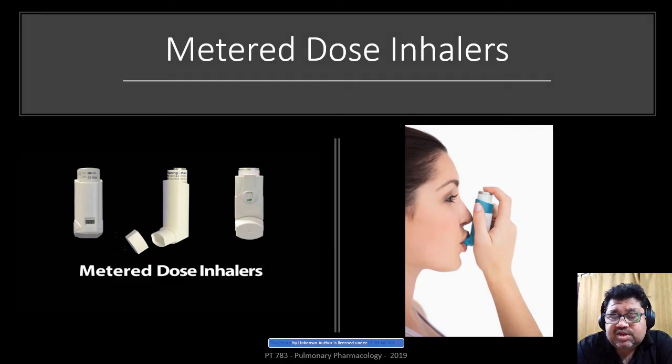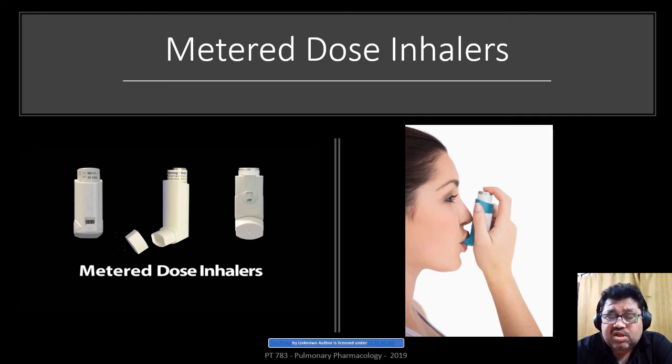A metered dose inhaler is shown in the picture below. These inhalers deliver a set dosage per depression, and it is a coordination process. This coordination must be taught to a new user of an inhaler.